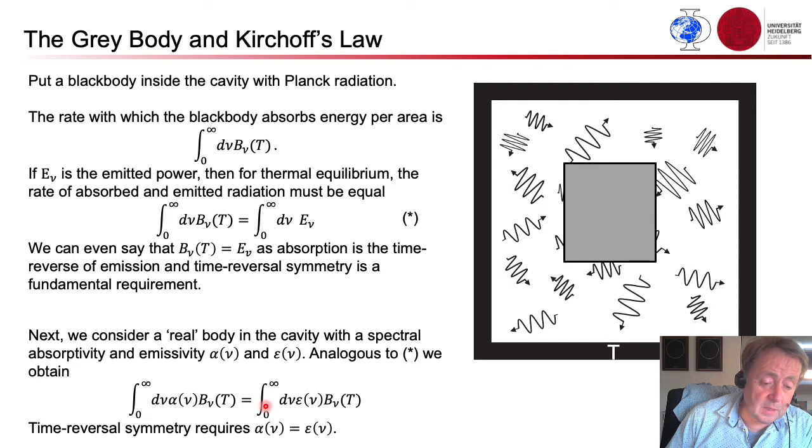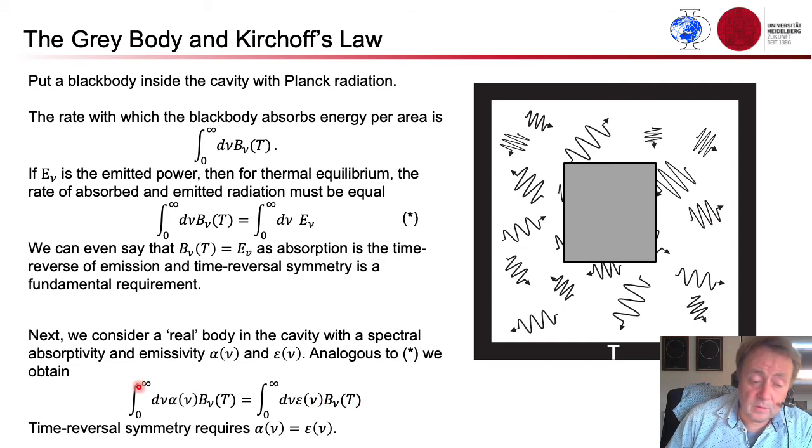And that must be equal to the one of the emitted radiation, otherwise we are not in equilibrium, which is the corresponding frequency integral over the emissivity, so the fraction of the emitted light times the Planck radiation.